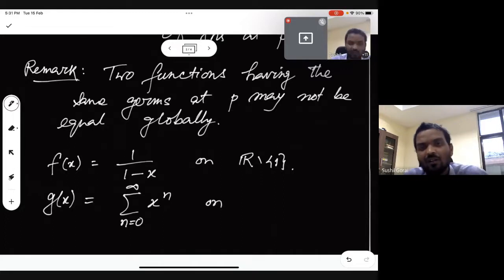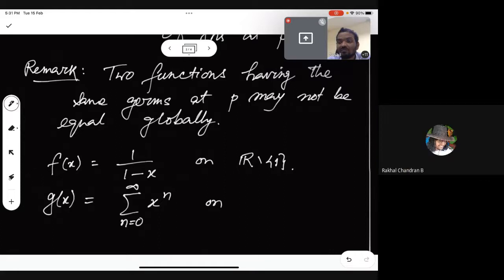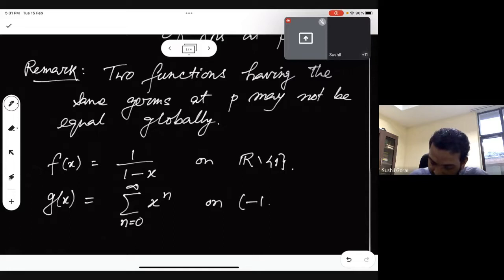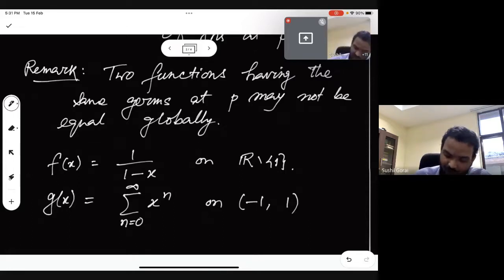So g(x) is defined on the open interval minus 1 to 1.